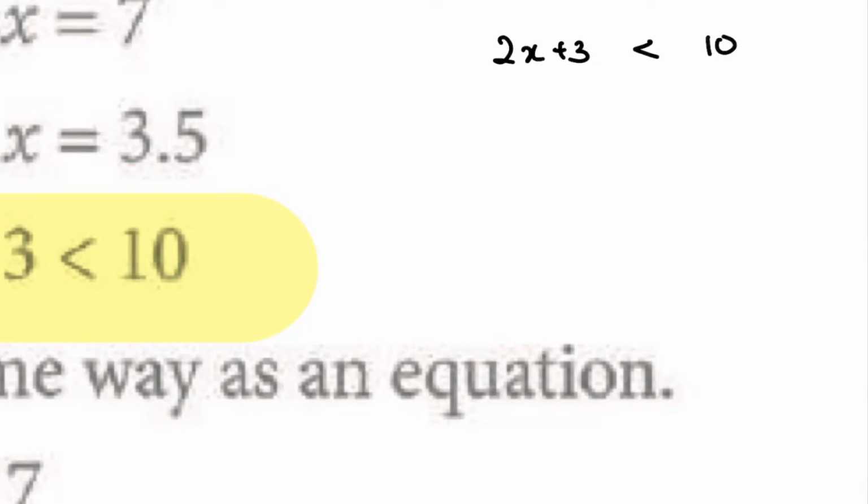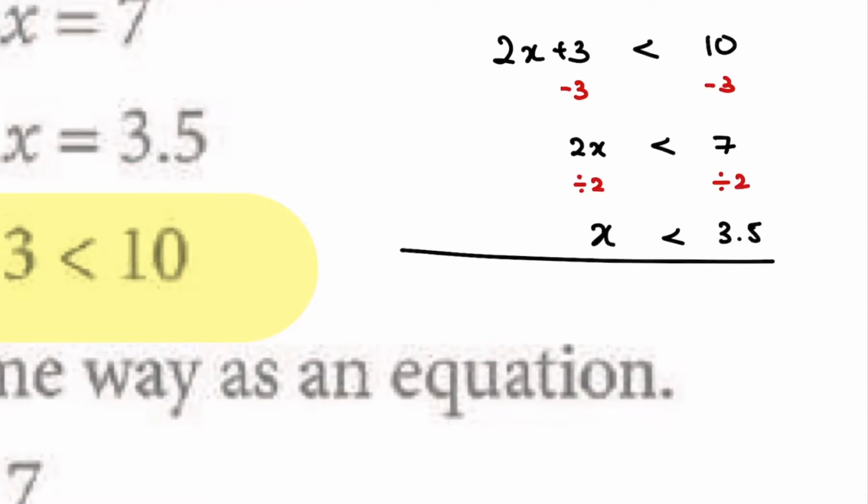Let's solve this. I minus 3 on both sides, so I get 2x less than 7. Then I divide both sides by 2, so x is less than 3.5. If I put any number that is less than 3.5, it's going to make the inequality correct.